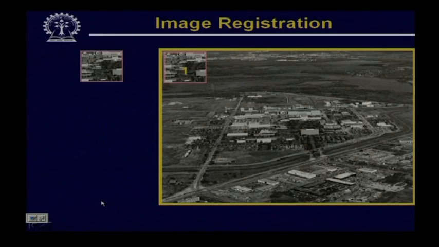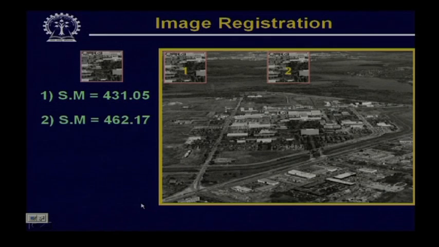If I place this template over here, we are calling this location 1. This location is given by this red rectangle. Then the similarity measure that we are getting is 431.05. If I place it at location 2, which is over here, the normalized cross correlation you get is 462.17.